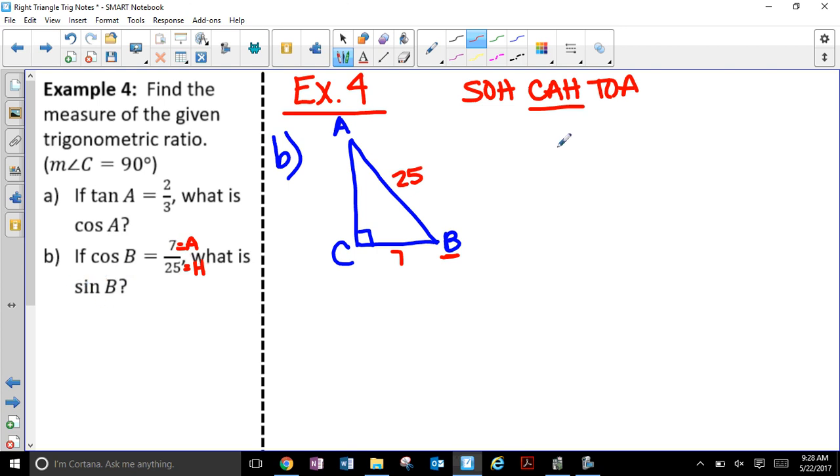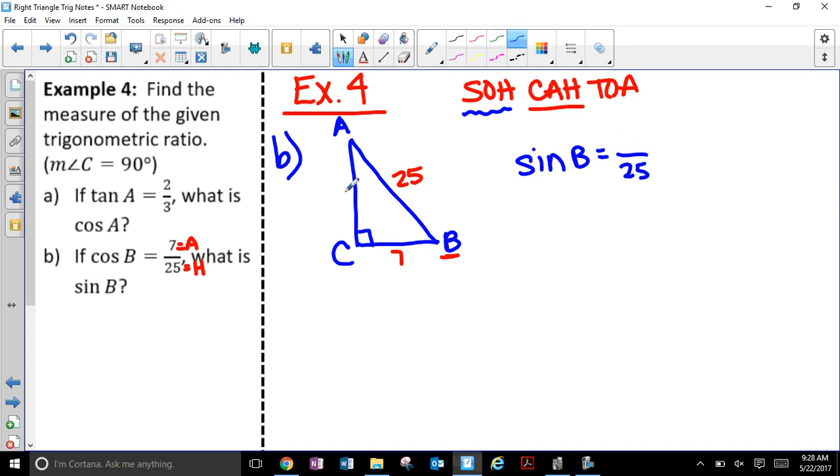So I want sine of B, is the answer we're looking for, what that ratio is. Well, remember, sine is O over H. Well, I know the H is 25, so I'm going to put that down here, but we've got to figure out what the opposite leg is, which would be right here.